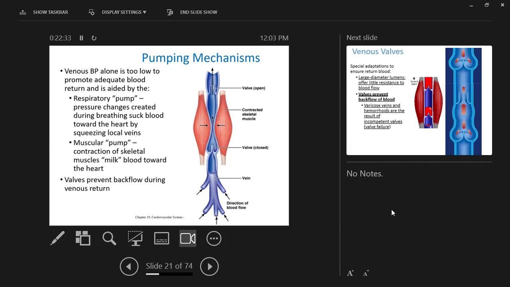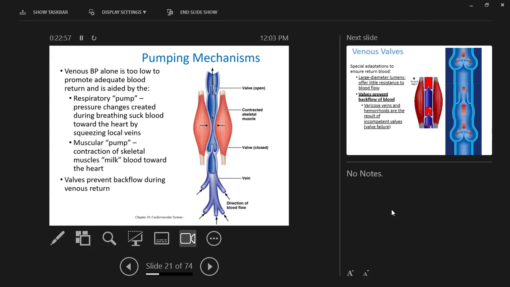It's similar to a semilunar valve. It's a passive valve. It is a cup-shaped valve, and as soon as the pressure drops from the skeletal muscle and blood starts dropping back down, it hits this valve and it closes the valve, and the blood is stuck in that section until the muscle contracts again and squeezes the blood even further.